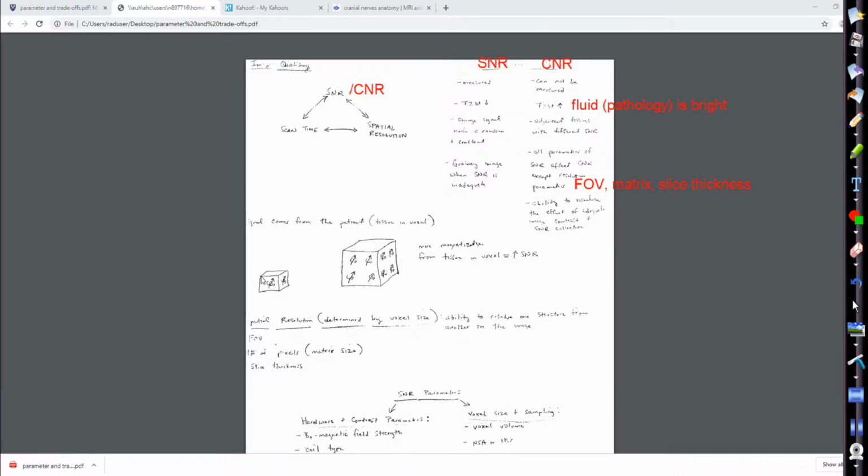So if you're scanning with a smaller voxel, maybe you're only able to incorporate one of those hydrogen spins. Obviously, that's not a true representation of what's going on. You get more than that, but just for this comparison, maybe we only have one hydrogen spin within this tiny voxel. But then we increase our voxel size. Now we're able to get 8 of those hydrogen spins. So we get more signal from a larger voxel.